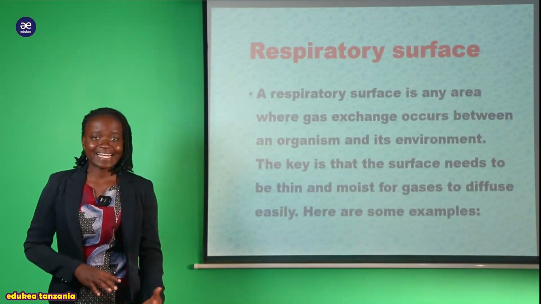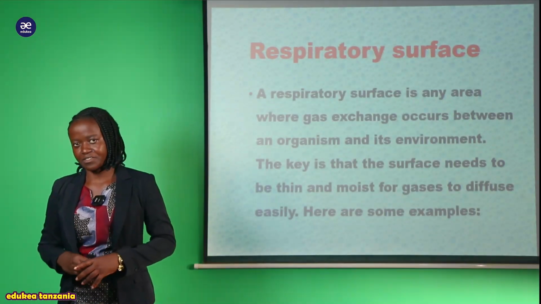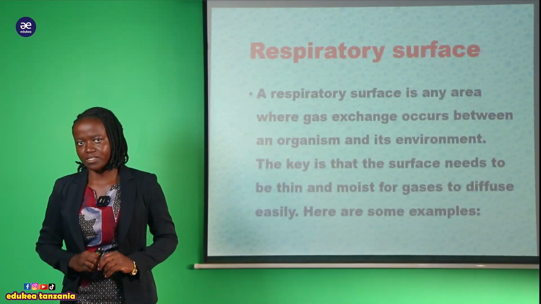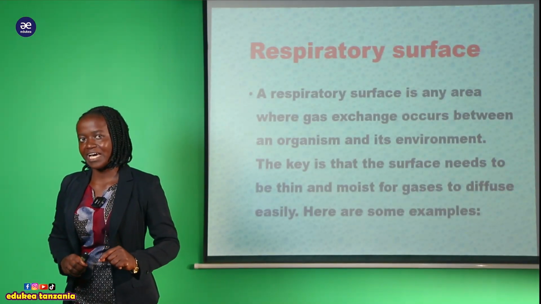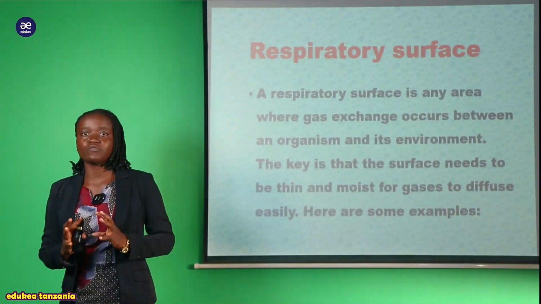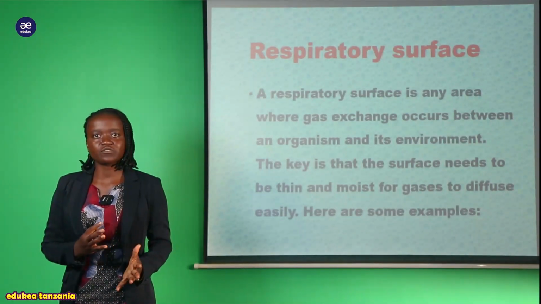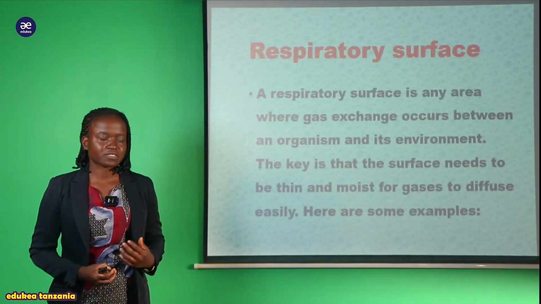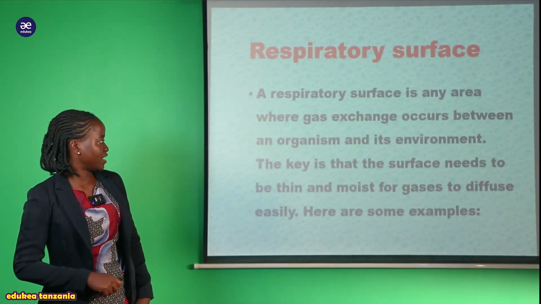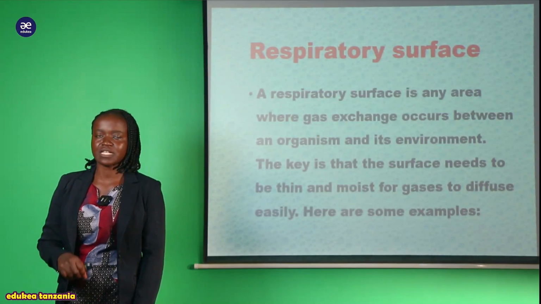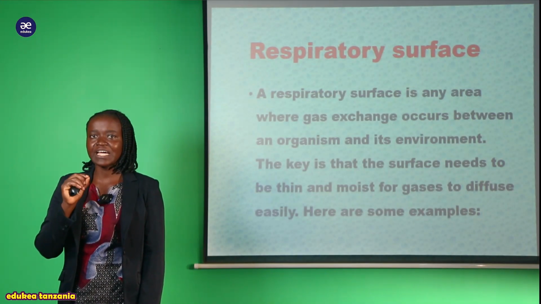We say that any respiratory surface, any place where gaseous exchange takes place, must be moist. The moisture helps easy diffusion of a gas. But not only that, that respiratory surface must also be very thin.